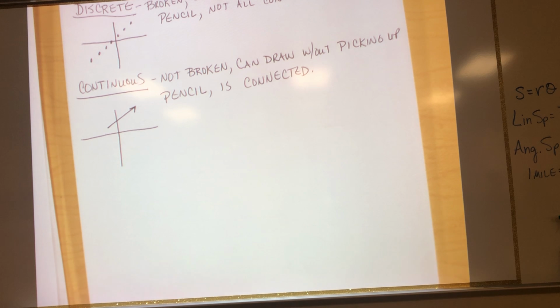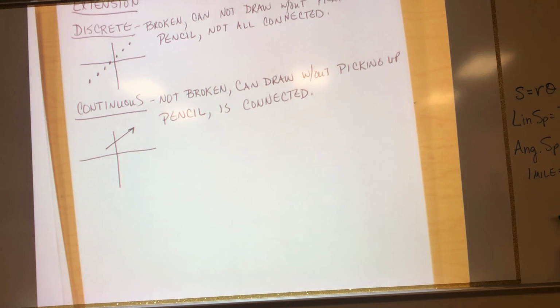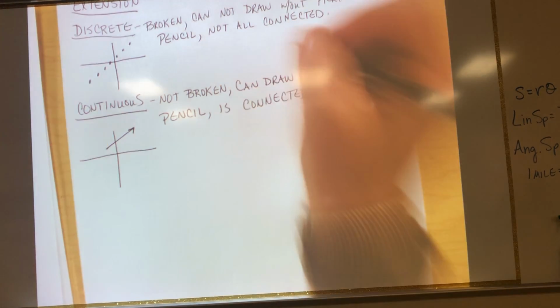All right? So, now I'm going to talk about some things, and I want you to tell me if it is discrete or continuous. Now, the first one you're going to kind of think, I don't really know, but I just want you to think and see if you can figure it out, okay?